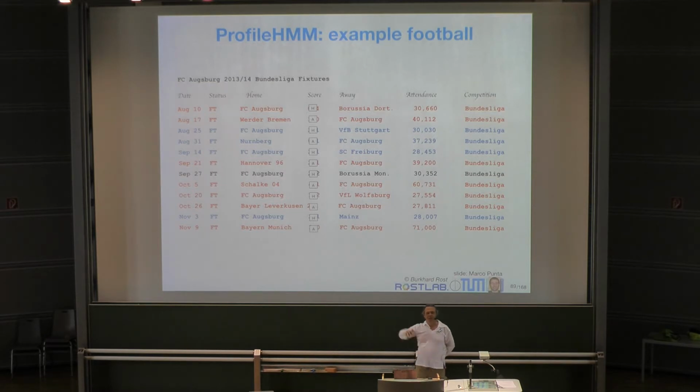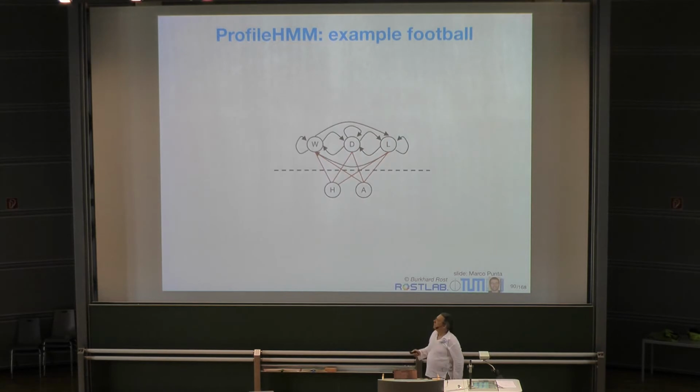Whether you play at home or somewhere else. Maybe that is the simplest model by which you can predict with some probability W, D, or L. Win, draw, or lose. In this particular simplest case, home, away are your input variables. You build up this entire Markov model from the data that you have.